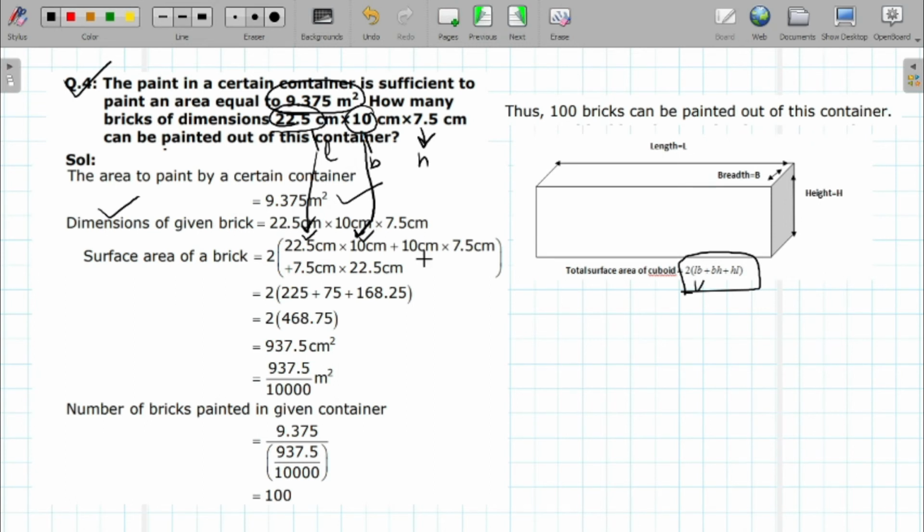Then B into H, this is B and this is H. Then last is HL. You can see HL. HL means height into length. After putting the values, we will calculate what we are getting, 937.5 centimeter square.